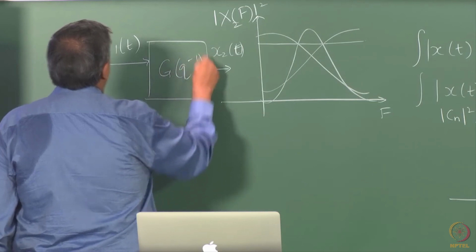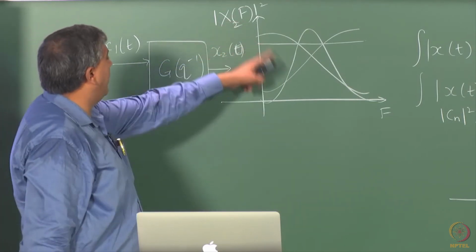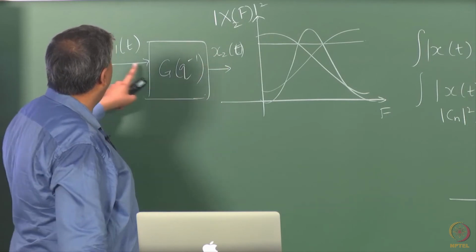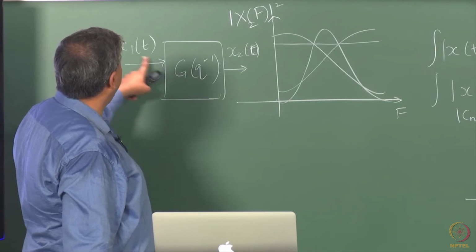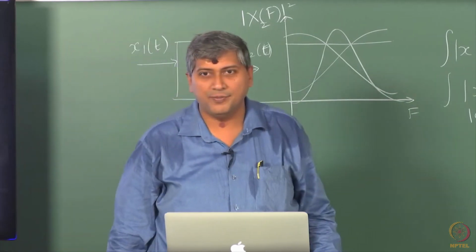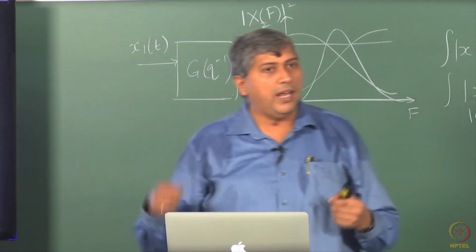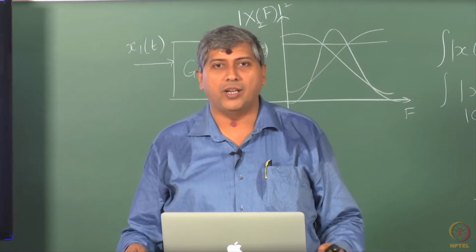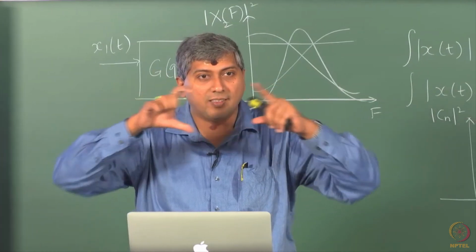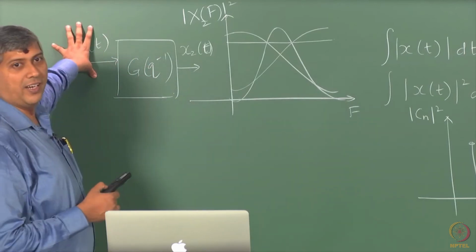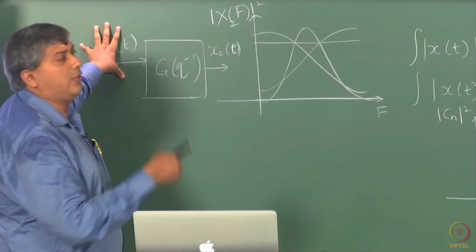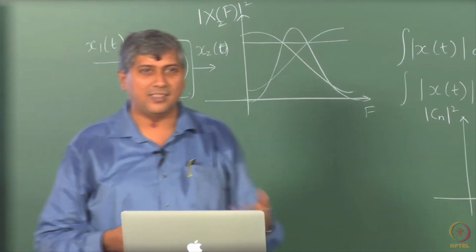Imagine x2 to be generated by a system g driven by an input x1. Then you can use these densities to draw inferences about what characteristics the system has, provided you know the frequency content of x1, and that is what leads us to the filtering ideas.